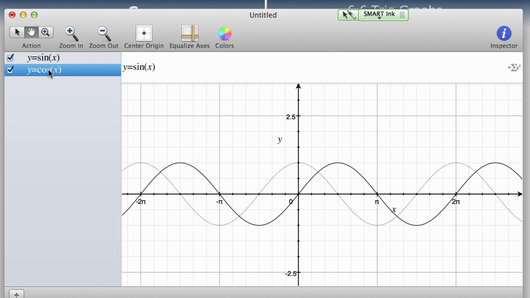So if I took the cos one and shift it to the right 90, shifting to the right, I need to put a minus there. And 90 degrees, because I'm using the pi or radian notation, I've got to go pi divided by 2. Notice that now it's the exact same graph.